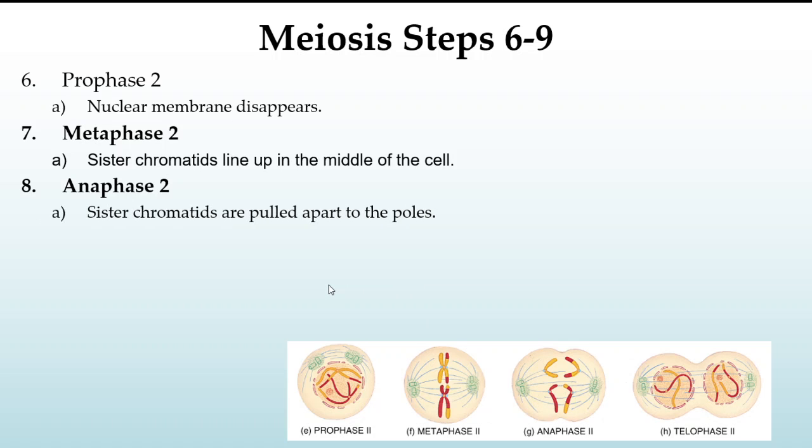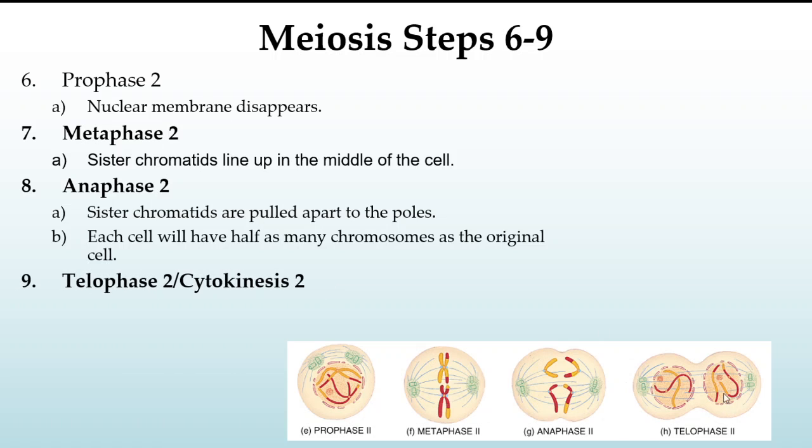Again, each cell will have half, and then we'll go through our telophase and cytokinesis too. So the same thing happens. Everything happens again, just so that we can now have our haploid cells, our N, okay?